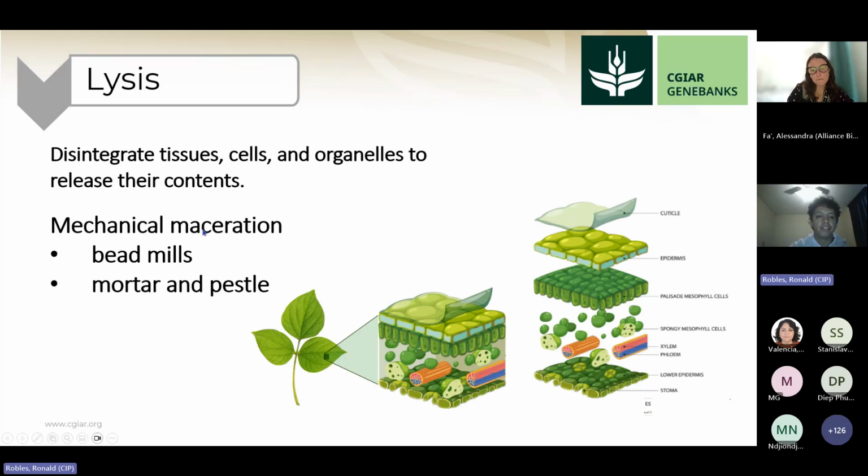To help this lysis, we make mechanical maceration. We can opt to grind the tissue first in mortars or put ceramic beads inside the tubes in which we will make the DNA extraction. And the result will be that all the compounds of the internal organelles in the cells will be released and mixed together.